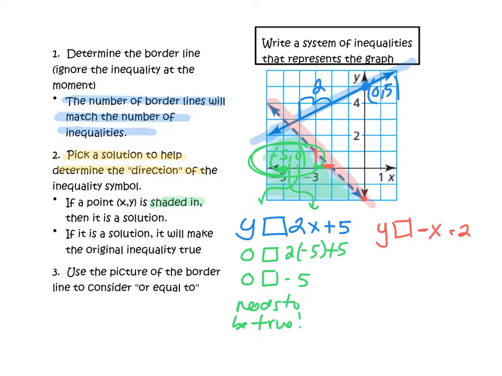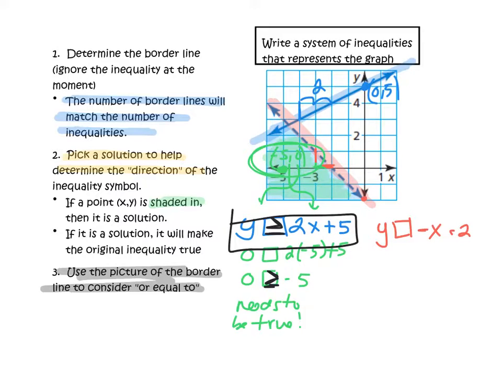To compare 0 and -5, 0 needs to be bigger, so I'm going to put a greater than sign there. Then I go back and consider the borderline to help me think if I need an equal to, and since this borderline is solid, I do need an equal to, so I'm going to put the equal to component in my inequality. So there's my first inequality.